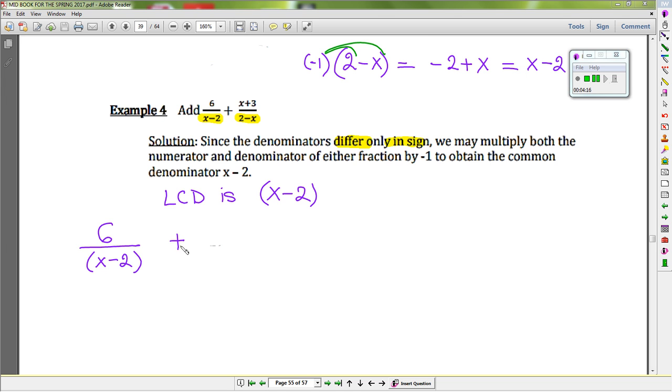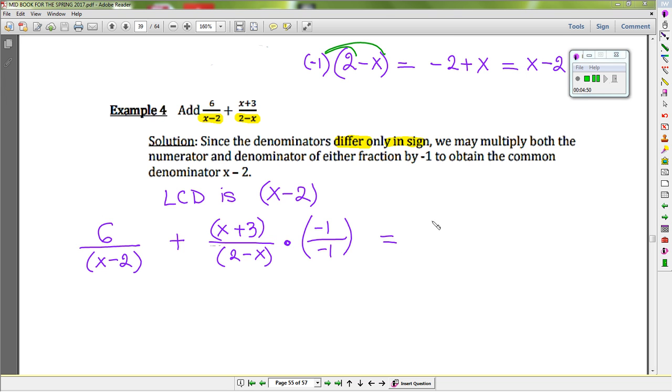Look at the second fraction, x plus 3 over 2 minus x. So we'll go ahead and multiply by -1 in the denominator to get x minus 2. So in this case, we're going to multiply -1 to the denominator and then multiply the same number, which is -1, to the numerator.